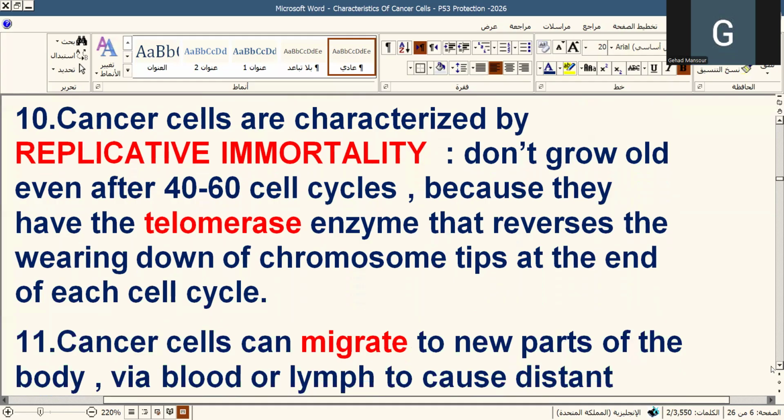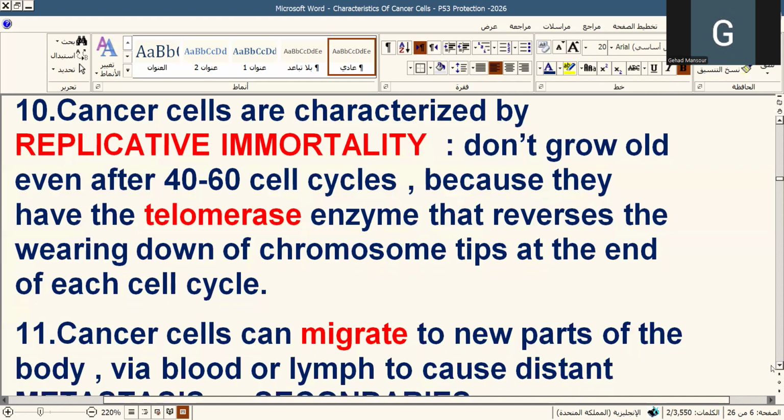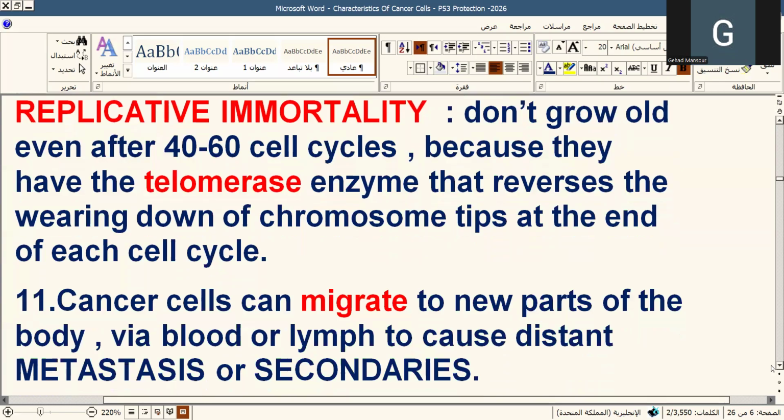Cancer cells are also characterized by lack of mortality, or replicative immortality. We've just mentioned that they do not obey the rules of senescence or aging, and that they can divide even more than 60 cycles. Normal cells, after having finished 60 cell cycles of mitosis, are forced to arrest because their telomeres have almost disappeared.